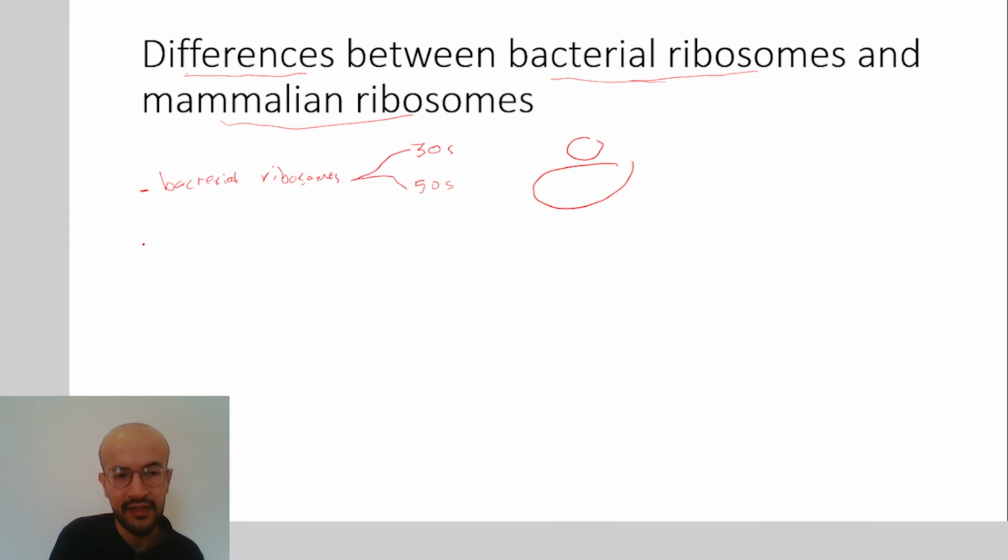In case of the mammalian ribosomes, we have the 40S and we have the 60S ribosomal subunits, and they also look like this way. So we have here 30S and 50S in case of the bacteria.